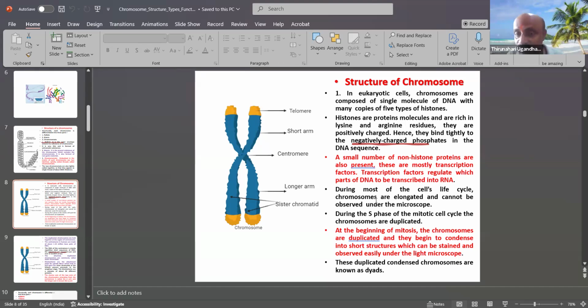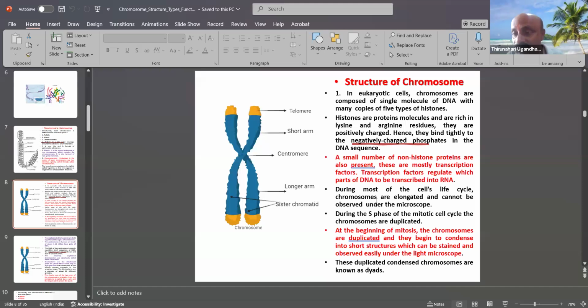Then there are thread-like structures made by the chromosomes. A small number of non-histone proteins are also present, in addition to the histone proteins. These are mostly involved in transcription.